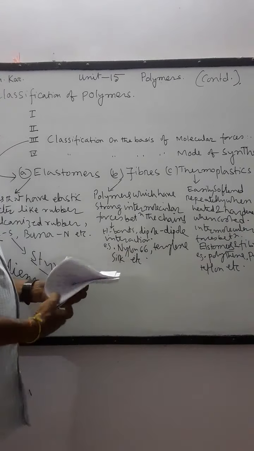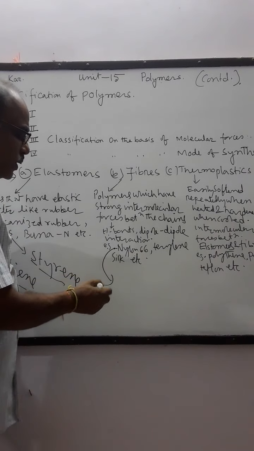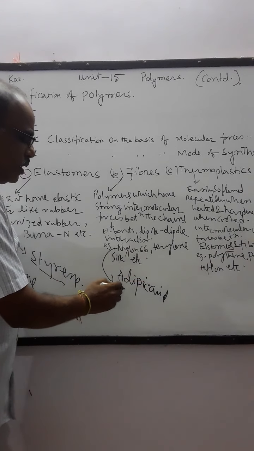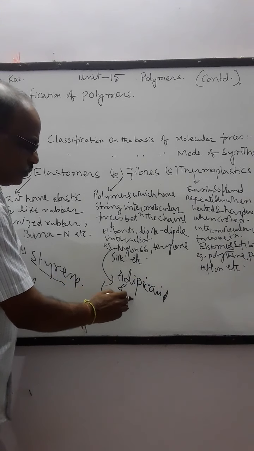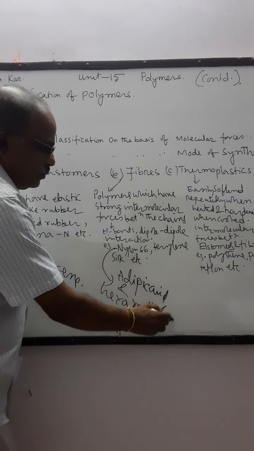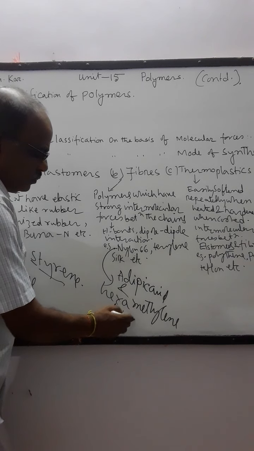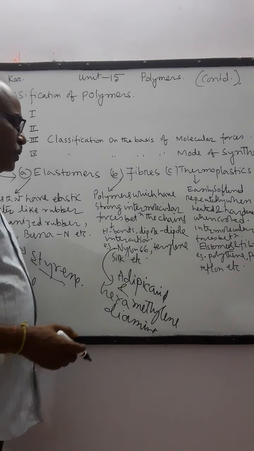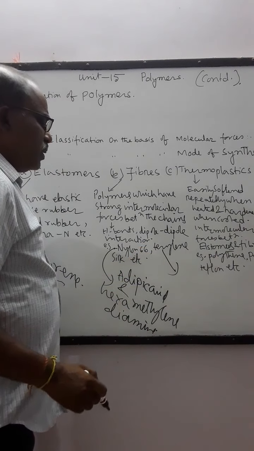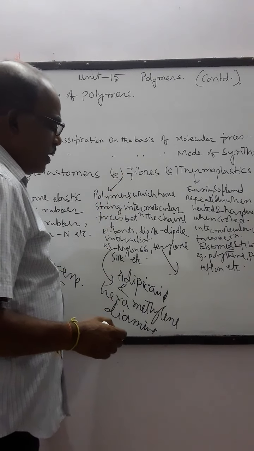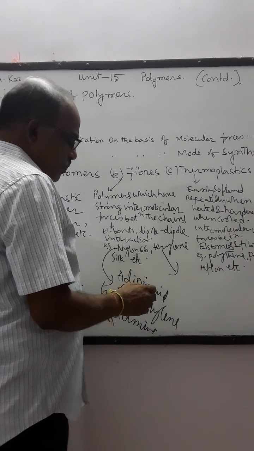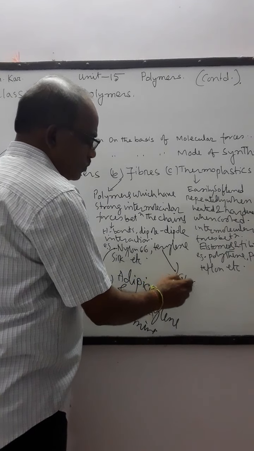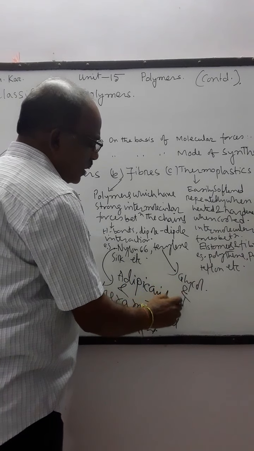Nylon 6,6 is a polymer of adipic acid and hexamethylene diamine, and it has strong intermolecular forces. Similarly, another one, terylene, which is also a fiber, is formed from ethylene glycol and terephthalic acid.